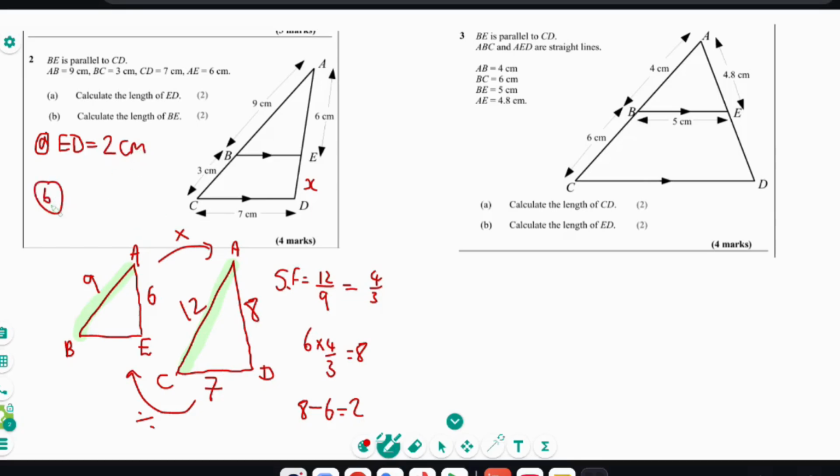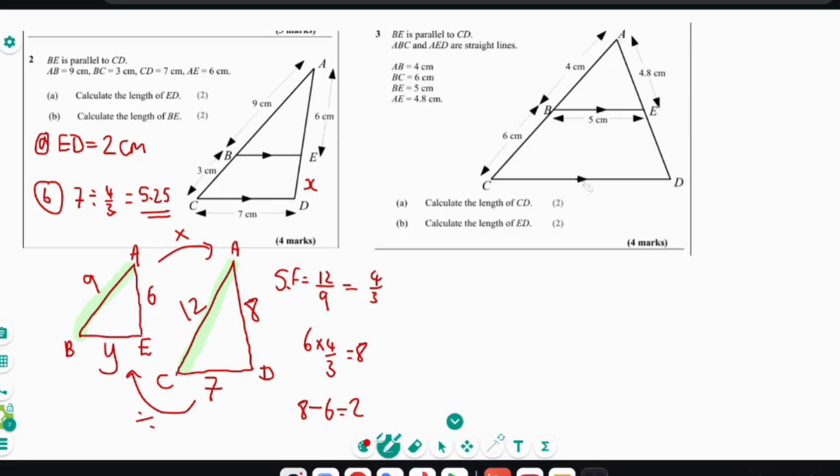Part B, calculate BE. Moving from the bigger to the smaller, put a Y here. So we need 7 divided by 4/3, which is 5.25. So that is the length for BE.